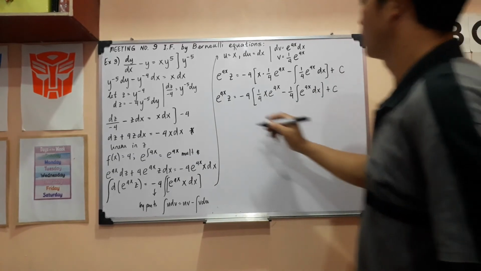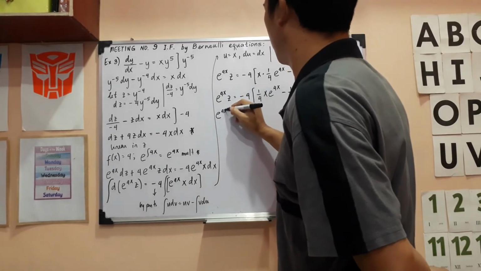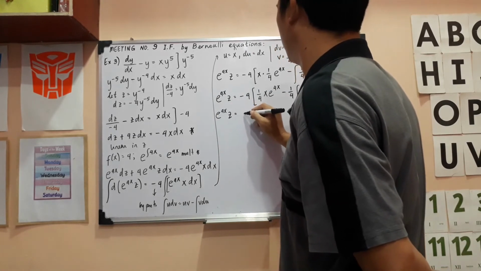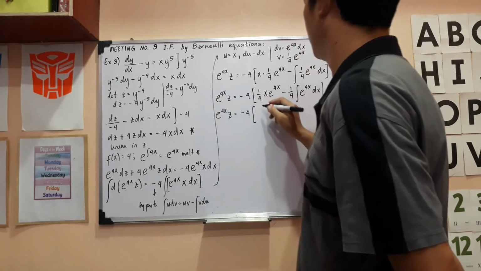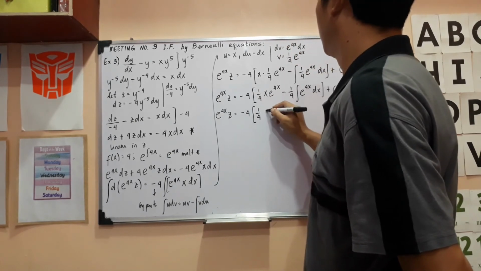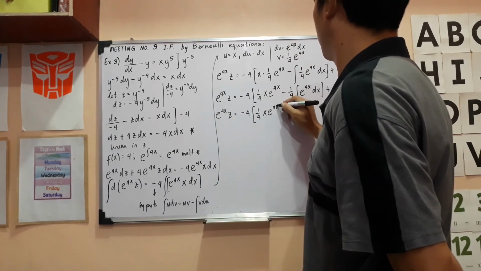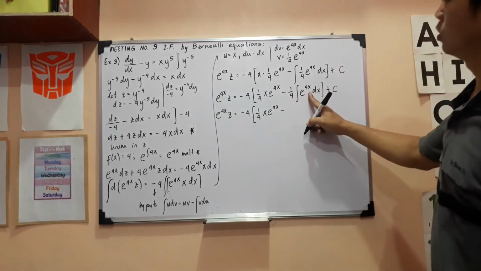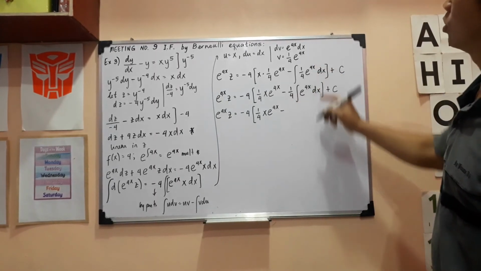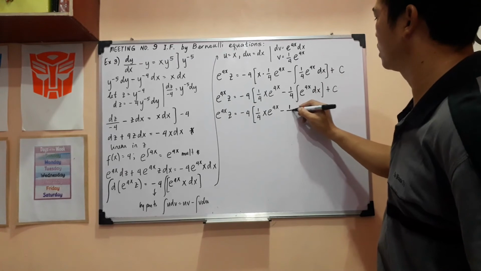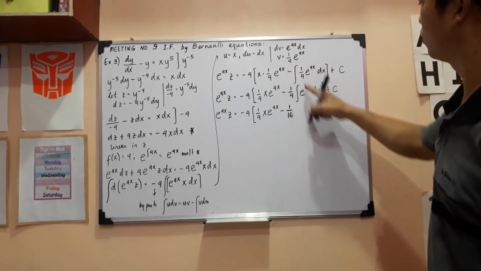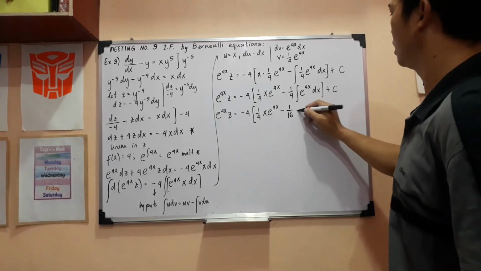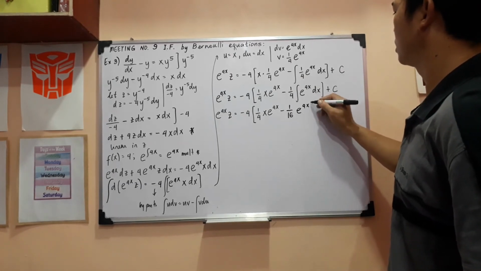Plus c. So e raised to 4x z is equal to negative 4 times 1/4 x e raised to 4x minus, so ito ay yung pa rin, magiging 1/16 na yan. Bakit? Kasi 1/4 times 1/4 ay 1/16, e raised to 4x.